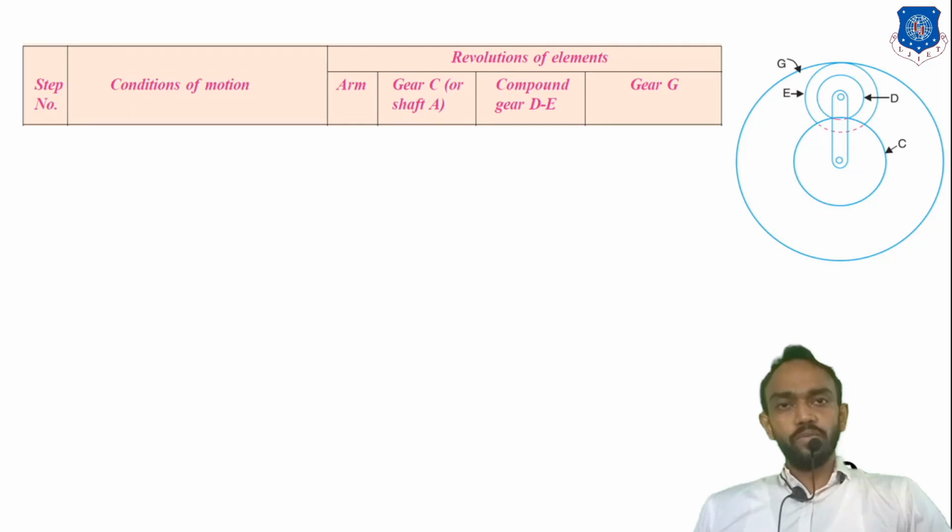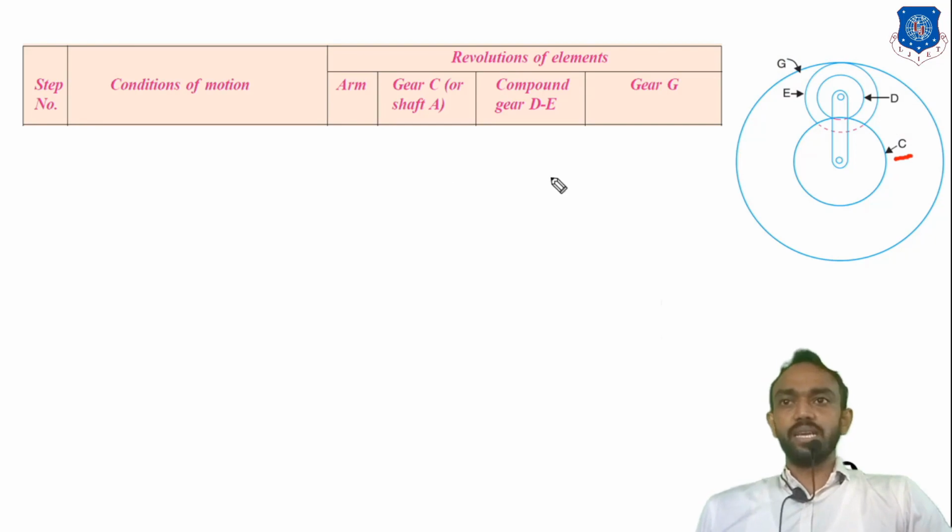So we have the figure, and let's start the table. We know that first is the step number and condition. What is the first condition? Always the arm: RPM of arm is 0 or fixed, and consider any one gear. We can consider C or G, whatever you want. Any can be taken.